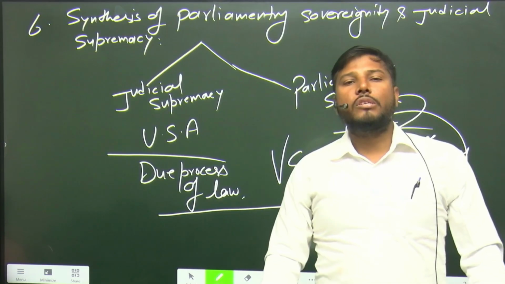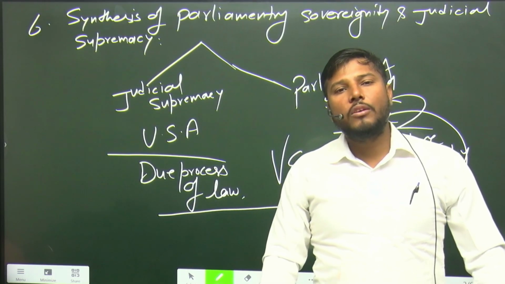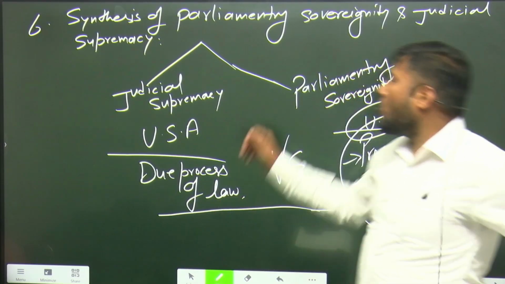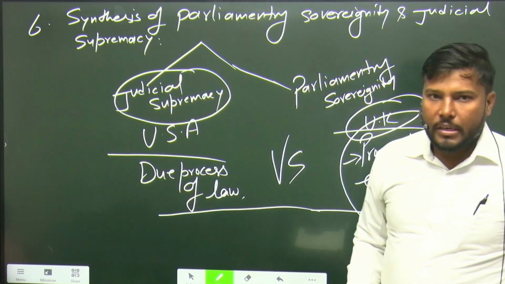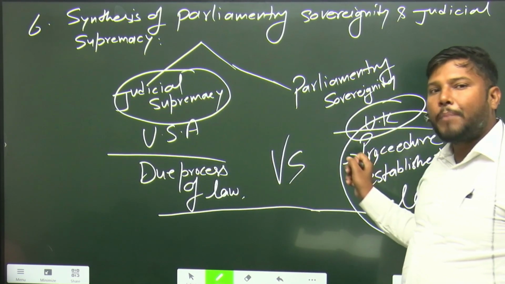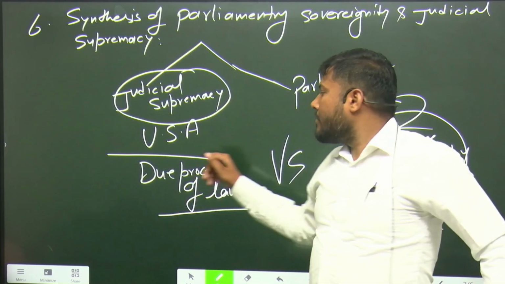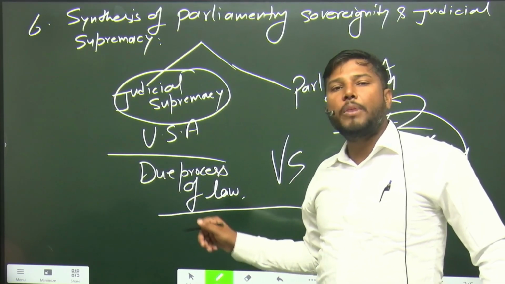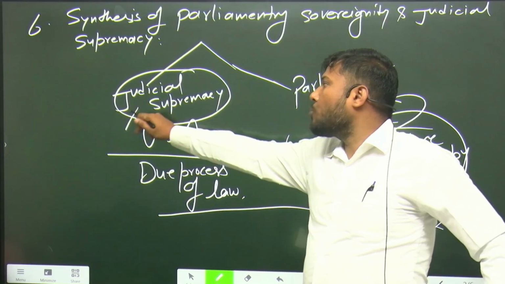The natural justice: if a law is violative of the fundamental rights, if the law is hampering the liberties of the people, then the Supreme Court shall declare that particular law null and void, irrespective of the procedure followed, right? So here procedure is not important. Here the concept of natural justice is important. If the law is not doing justice to the people of the land, right? Then that law shall be declared null and void by the Supreme Court.